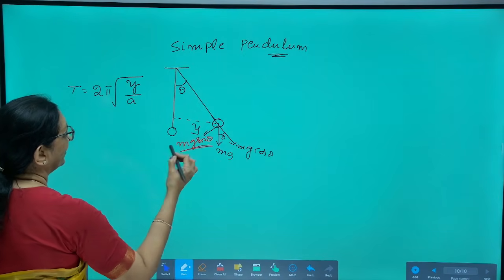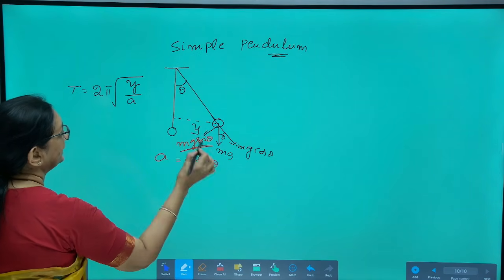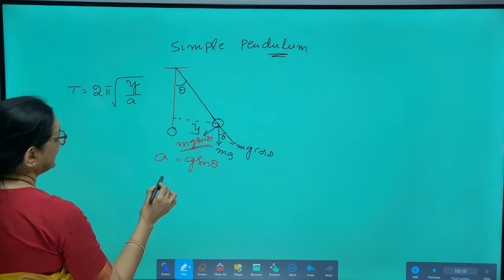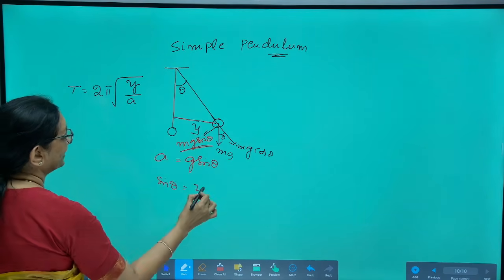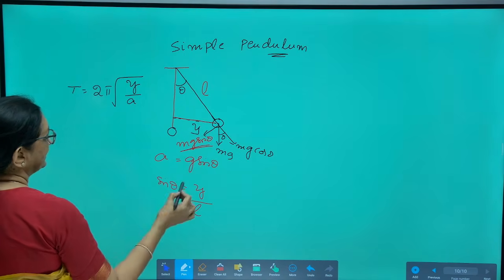So, restoring acceleration a is equal to g sin theta at a displacement y. Here sin theta is equal to opposite side, that is y, by hypotenuse, which is the length of the pendulum.